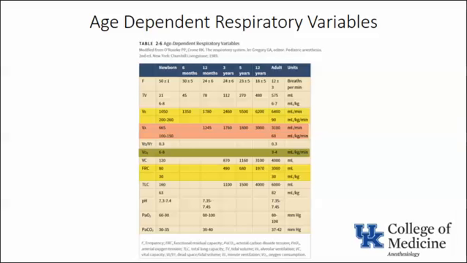The alveolar ventilation is about 2 to 3 times higher in neonates compared to adults. Functional residual capacity, again, when you compare them in ml per kilo, they're about the same. And the oxygen consumption, it's about 6 to 8 ml per kilo per minute in neonates, newborn kids, versus 3 to 4 ml per kilo per minute in adults.